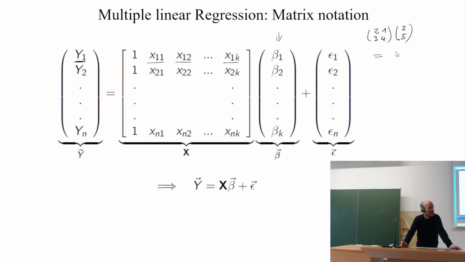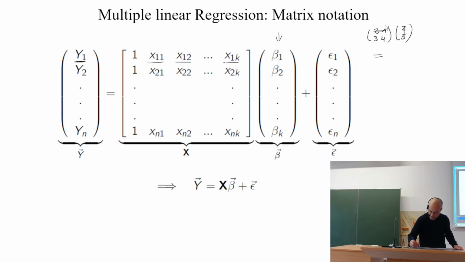Do you remember how to multiply a matrix with a vector? Well, what you have to do is you take here the line 2, 1 and then multiply it with the column 2 and 5.